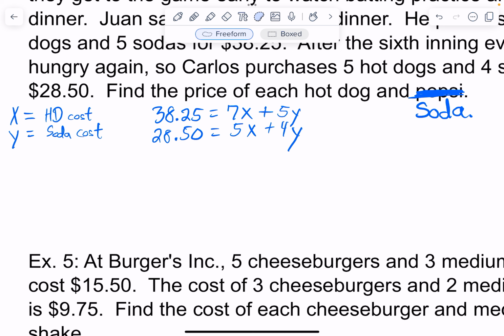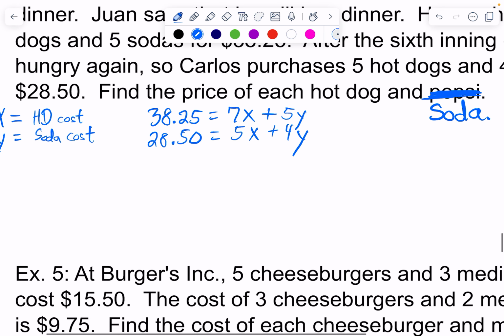And first things first, we've got to decide who we want to eliminate. Me personally, I'm going to eliminate the x's. So I'm going to multiply the first equation by a negative 5 and the second equation by a positive 7. Use your trusty calculator. 38.25 times my negative 5 gives me negative 191.25.